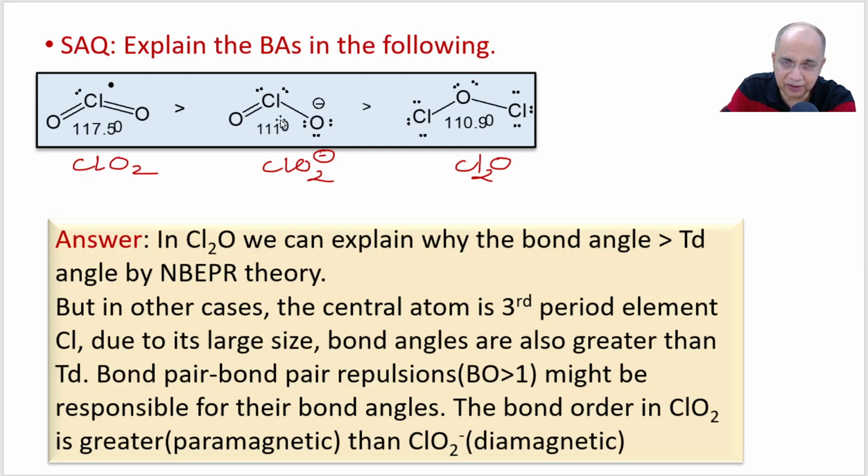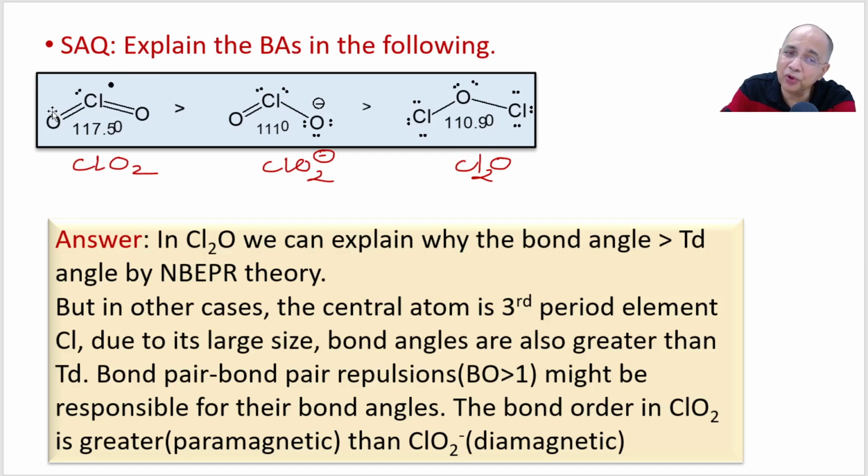So there is definitely less repulsion and the bond angle is less. But it is more than tetrahedral in both cases because the bond order is more than 1. Here the bond order is 1 and 1 each. Interestingly, chlorine dioxide is a paramagnetic molecule. One unpaired electron is there. That also contributes to lessening the repulsion.